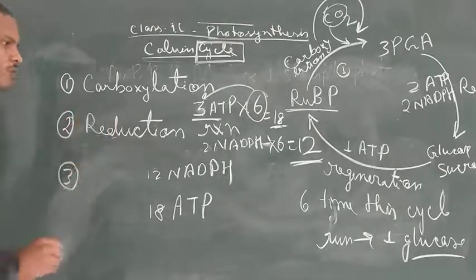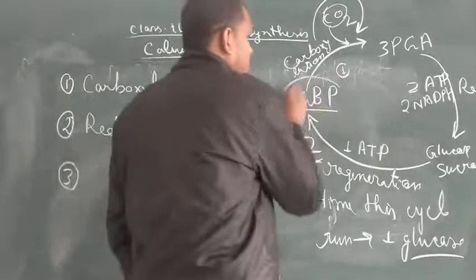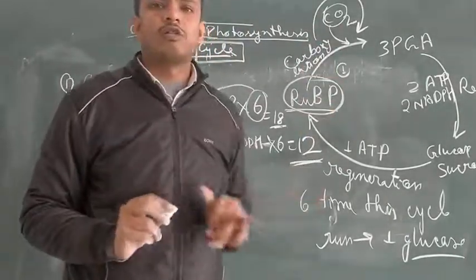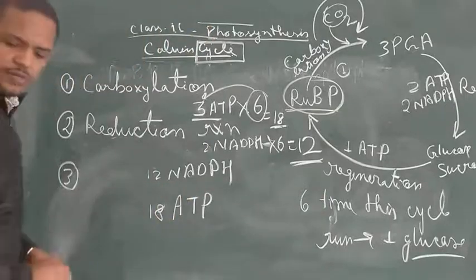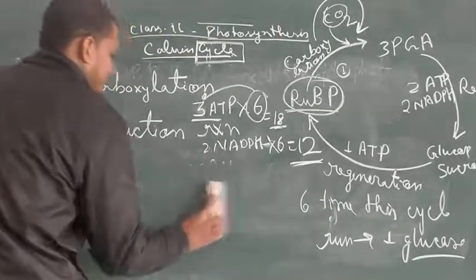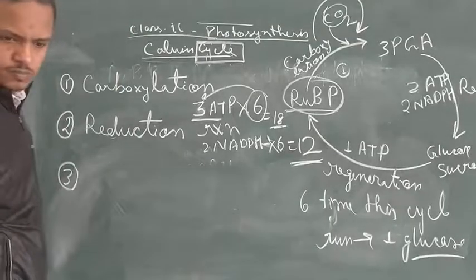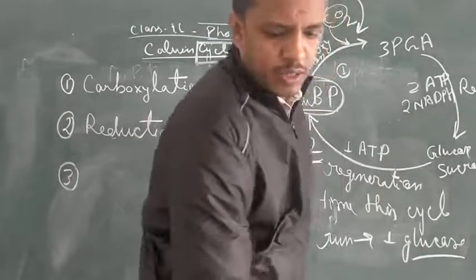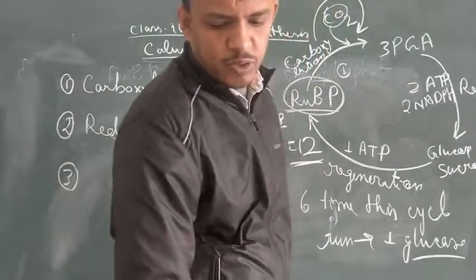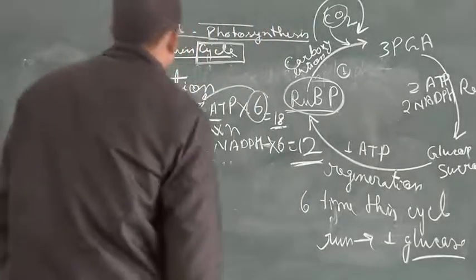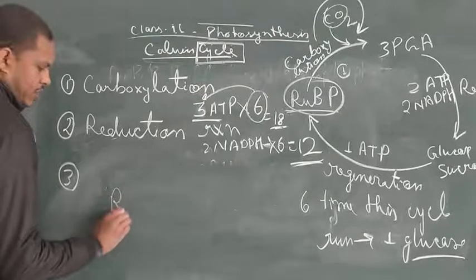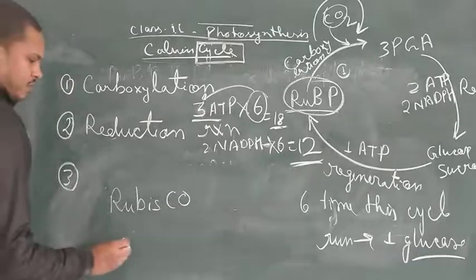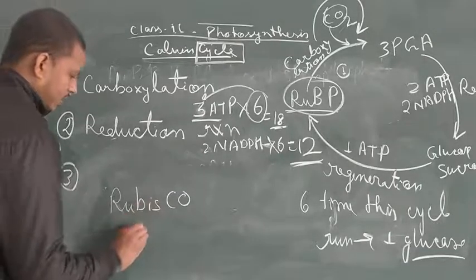See, in the case of Rubisco, I told you this proteinaceous compound is going to accept carbon dioxide in the presence of an enzyme. This takes place in the presence of the enzyme ribulose bisphosphate carboxylase.